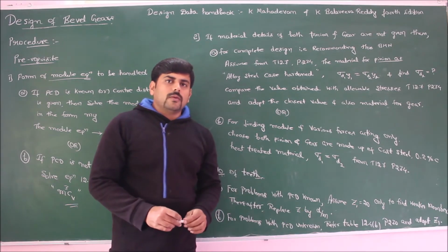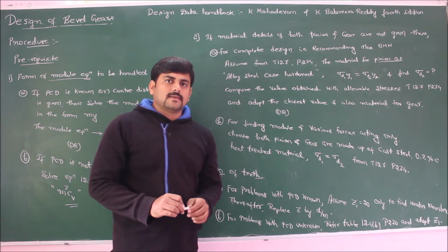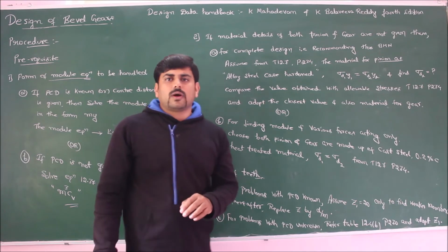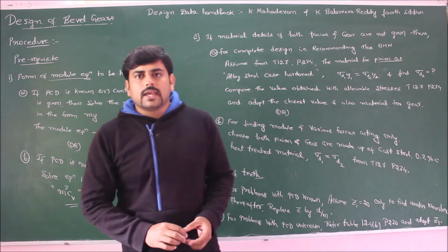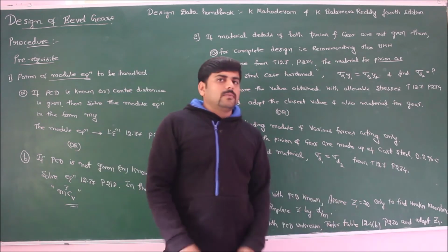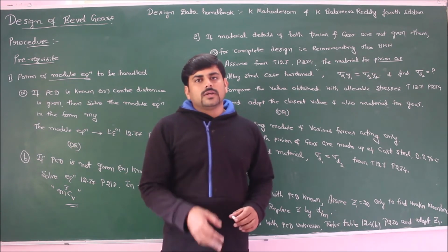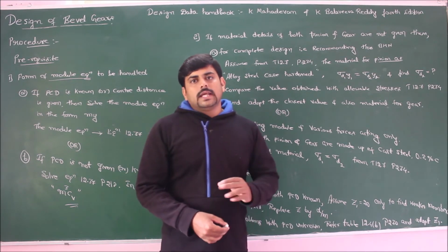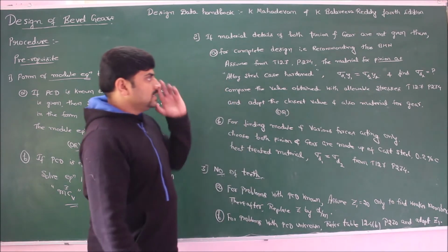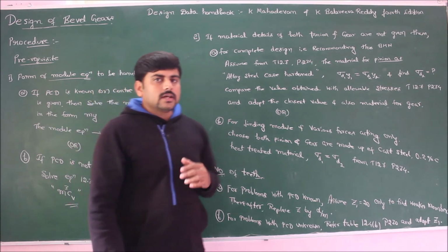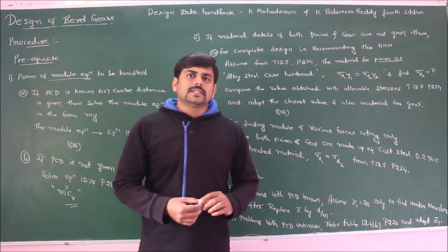Based on the tooth form, you adopt the number of teeth on pinion to avoid interference. Whereas for MY type of problems in which PCD is known to us or center distance is given, assume the number of teeth as 20 only to find which is the weaker member. Thereafter you replace Z by D by M, where D is pitch circle diameter and M is module. With these prerequisites, we can design the bevel gears. Let us discuss the steps to design the bevel gears.